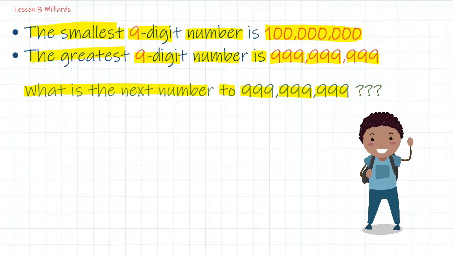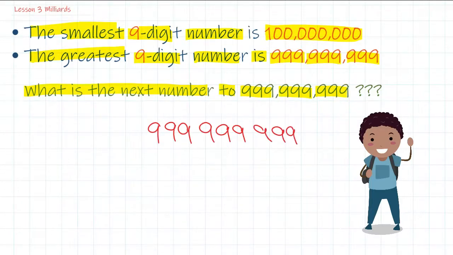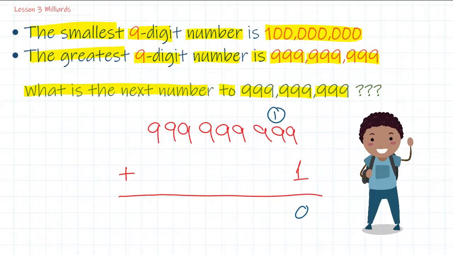Okay, as we said before in the previous 2 lessons, to get the next number you have to add 1. Okay, let's add 1 here. We have 999,999,999 plus 1. Okay, let's see. 9 plus 1 equals 0, and we all know that will be all zeros like that.